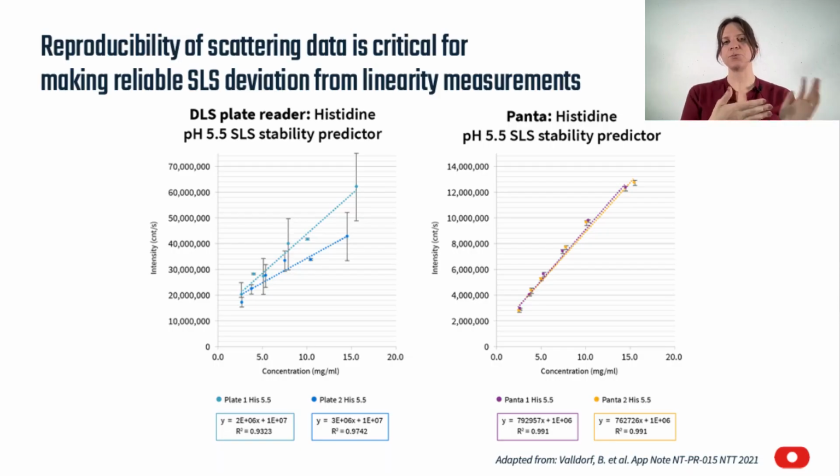Here we have Nanotemper's Prometheus Panta compared to a DLS plate reader. Each dilution series was prepared twice, then measured in triplicate on the respective instruments. Note that there is far less deviation for the Panta measurement. This makes it easier to confidently predict the SLS deviation from linearity with these high-quality, reproducible measurements.